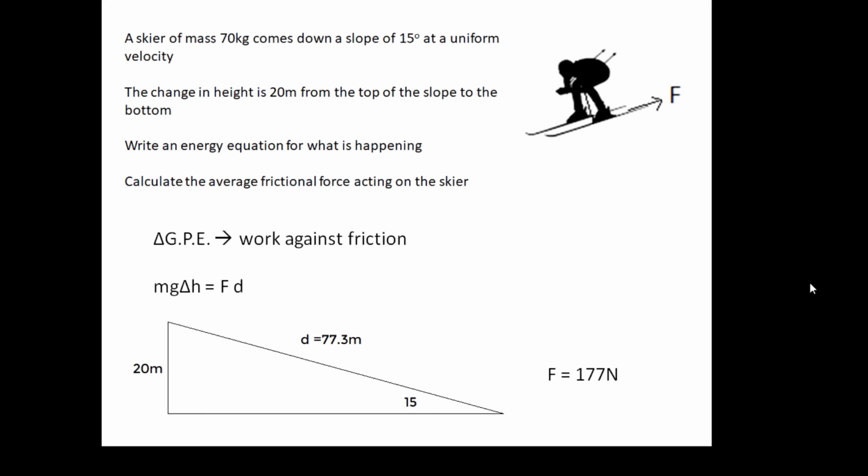Your energy equation is the loss in GPE goes to work against friction, and for the work against friction, you would need to work out the actual distance that they travel from the information that they're given. The length of the slope is 77.3 meters, and so the average friction force is 177 newtons.